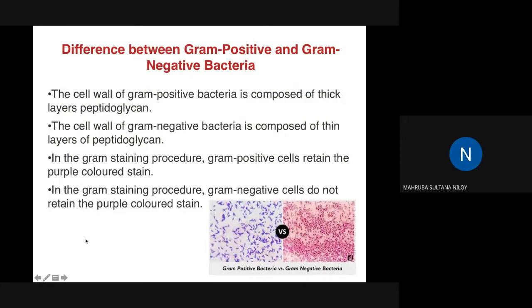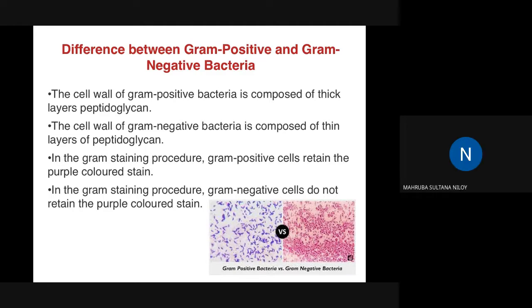So what are the basic differences between the gram-positive and gram-negative bacteria? If I asked you to select one, peptidoglycan layer, right? Yes, sir. Okay.